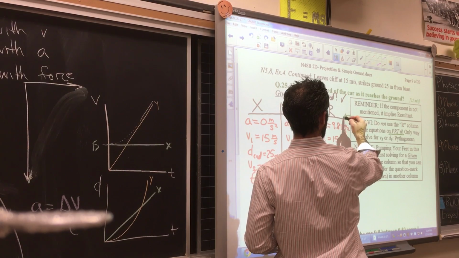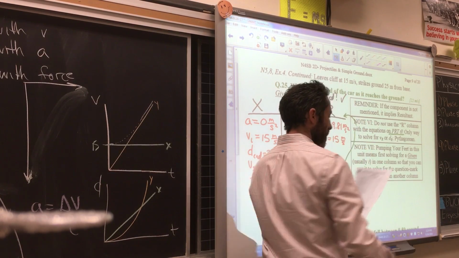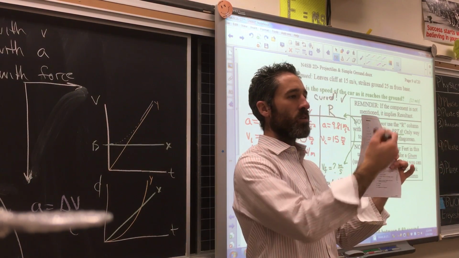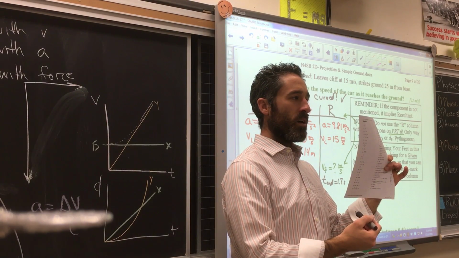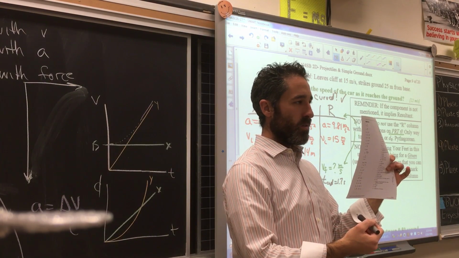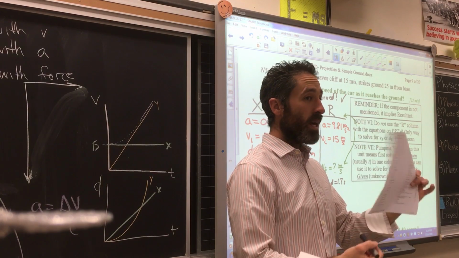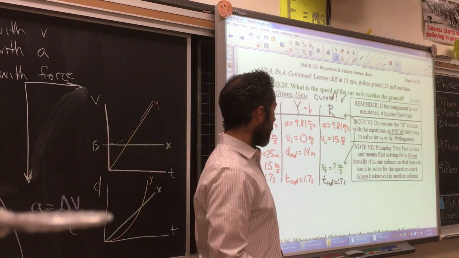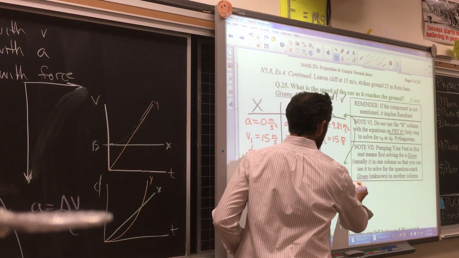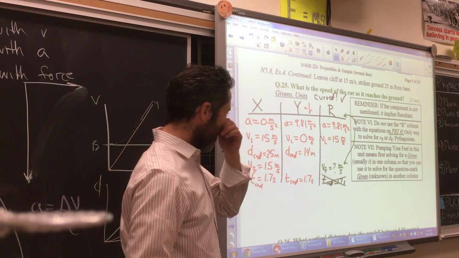That's for this business right here. These are one-dimensional equations. They work for the X, they work for the Y. They don't work for the combination of the two. So you'll get a number, but it won't be correct. So if you can't use the resultant column here, you can't do it. In fact, I'm going to cross off this T. You can't use it there.